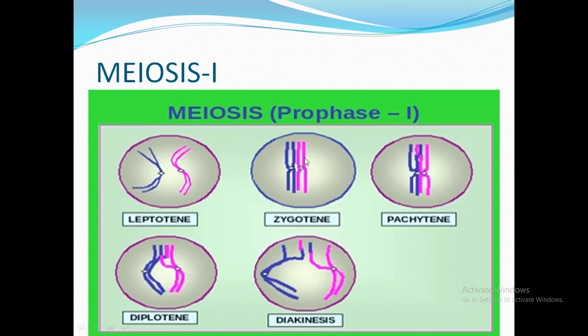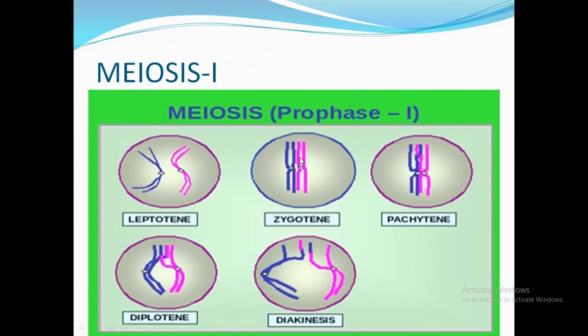That is why these are called bivalents. There are two chromosomes in a pair. So like this, there are 23 bivalents in case of humans.